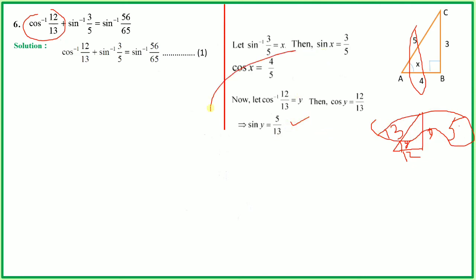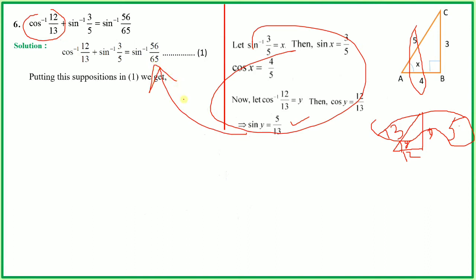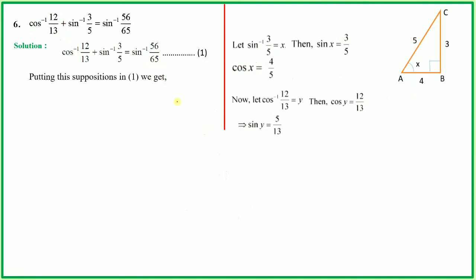Now we'll go back to the question with all these values. We'll substitute all these supposition in equation one. This is x, so I'm going to write it first, x plus y, as you have this cos inverse, and then it is equal to sine inverse 56 upon 65.